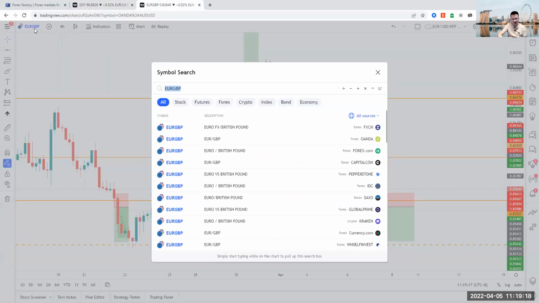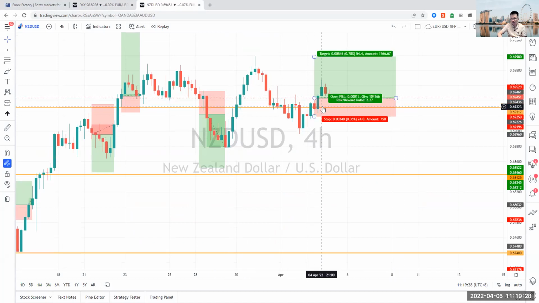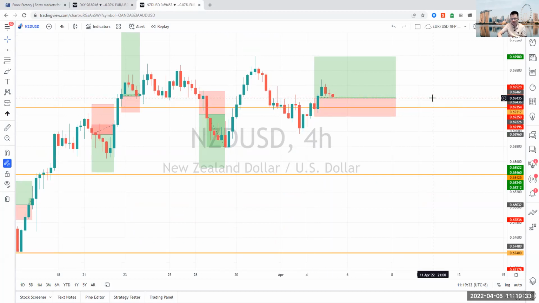So with that, as we draw to a close, I'll do a quick review of the Kiwi dollar that we spoke about yesterday. So Kiwi dollar bounced off that support level that we spoke about, above that 6945 level. It went as high as 6969.